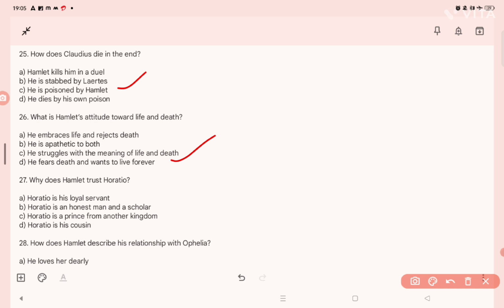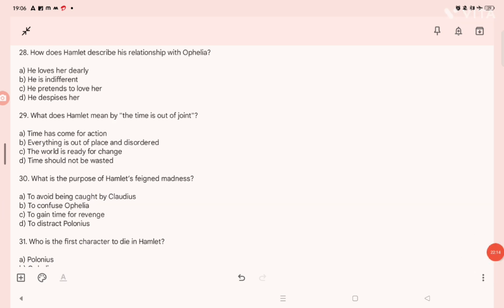Why does Hamlet trust Horatio? Horatio is an honest man and a scholar. How does Hamlet describe his relationship with Ophelia?